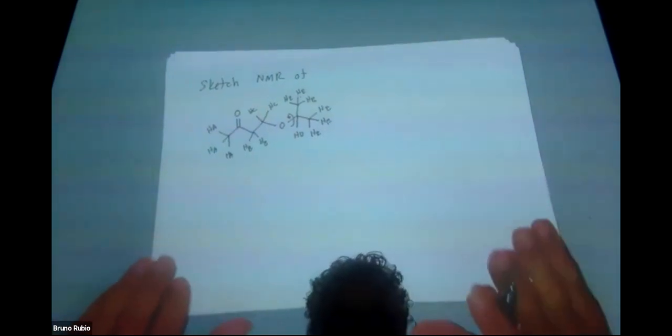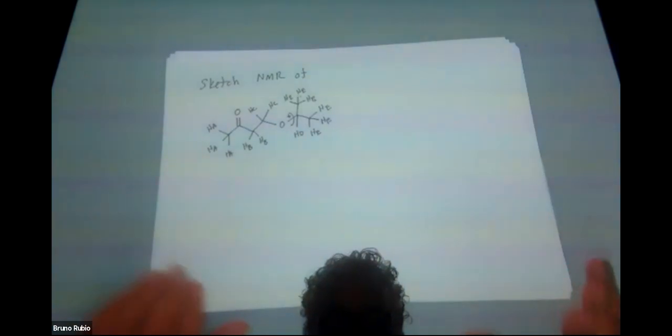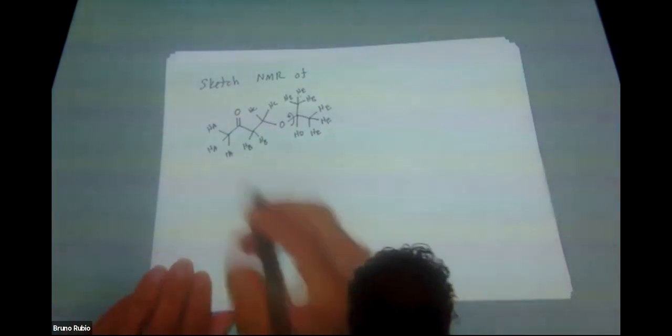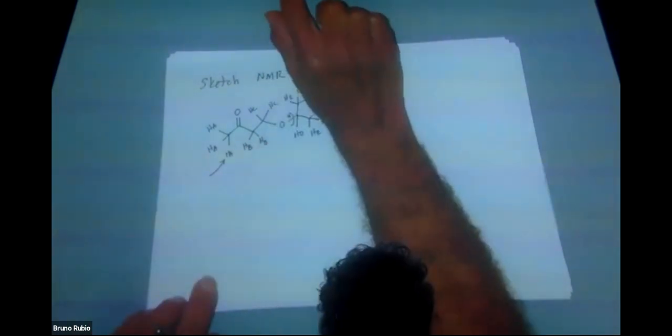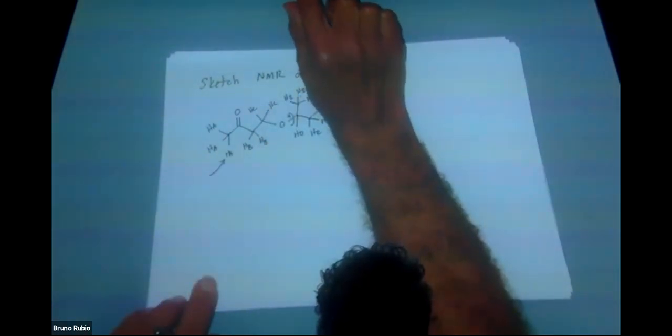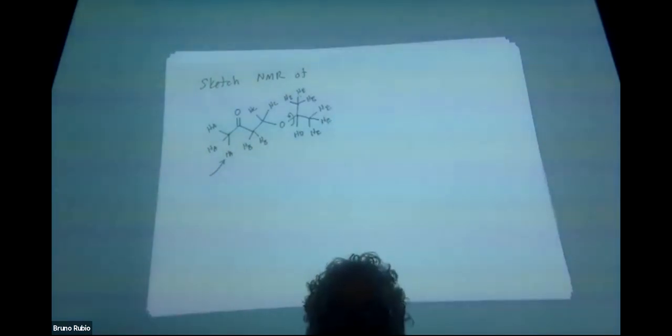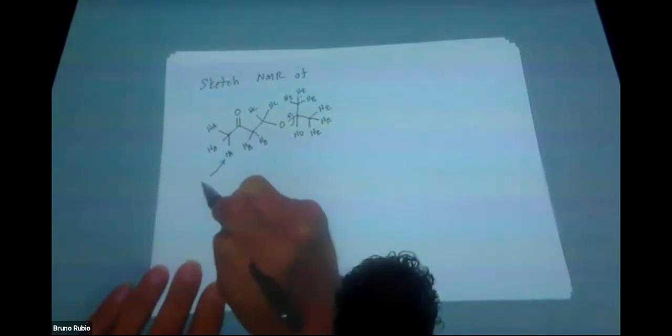Okay, so next, let's talk about the splitting pattern. Okay, the HA. What will be the splitting pattern of the HA? I need a word that ends in "et." Splitting pattern of HA is a singlet, right?